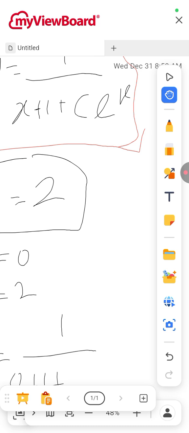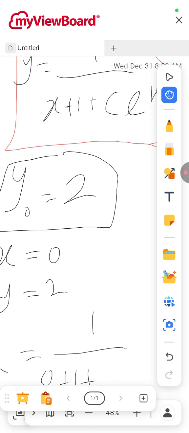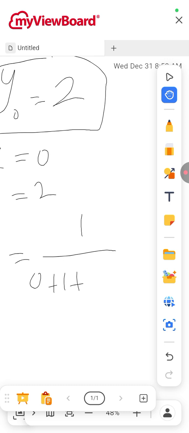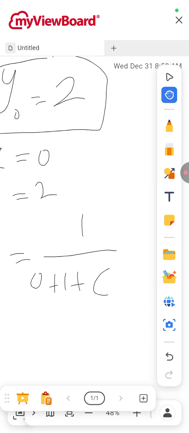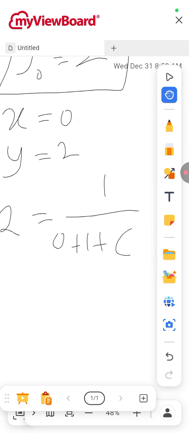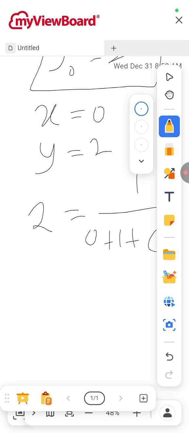The e raised power x, and x is 0, so e raised power 0 is what? Is 1. So that's plus c, because c times 1 is still c. Then you now solve for this value of c, which if you solve it, 2 is equal to 1 over 1 plus c.